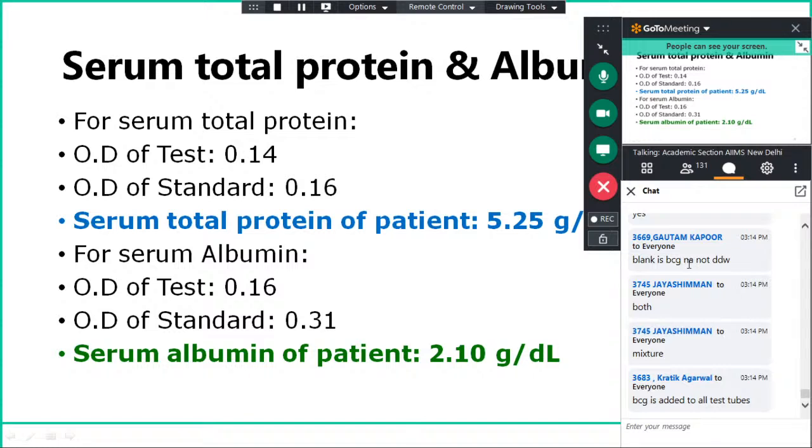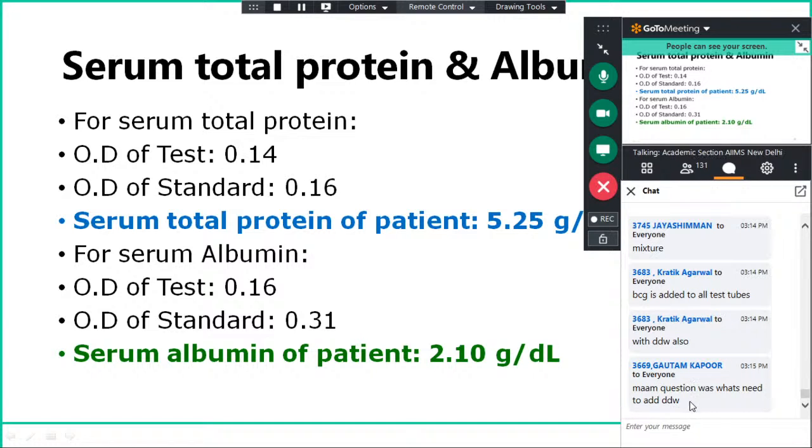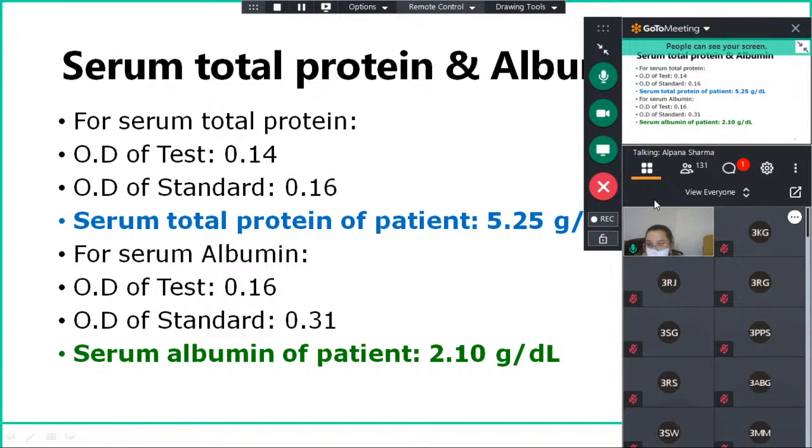Blank in BCG is double distilled water with the reagent. The reagent itself has some color, so that color has to be subtracted so that we get the true color, the color produced by the protein present in the solution, not by the reagent. BCG is obviously added to all the test tubes.